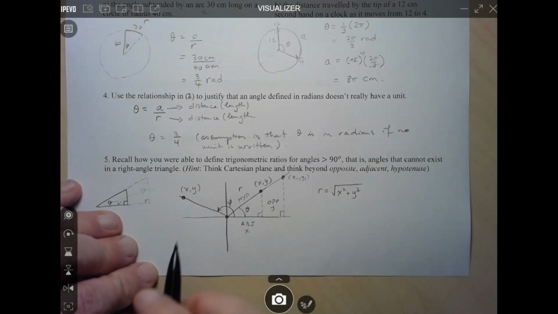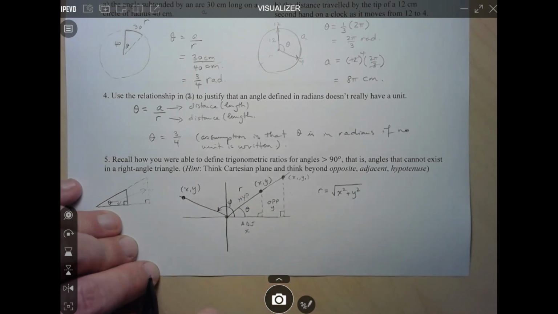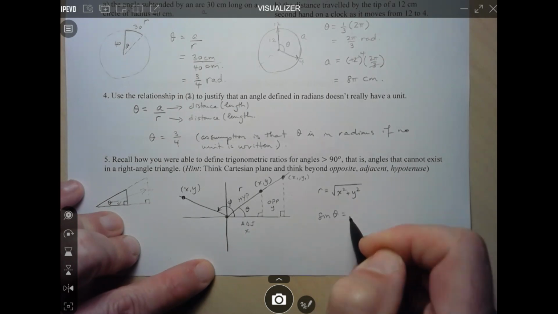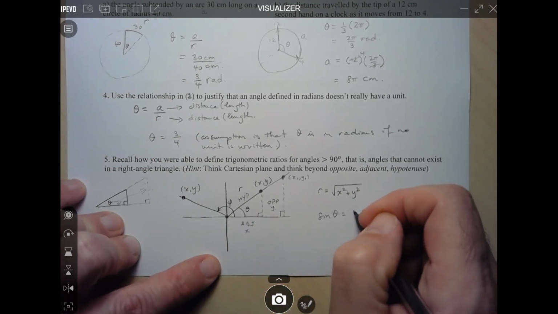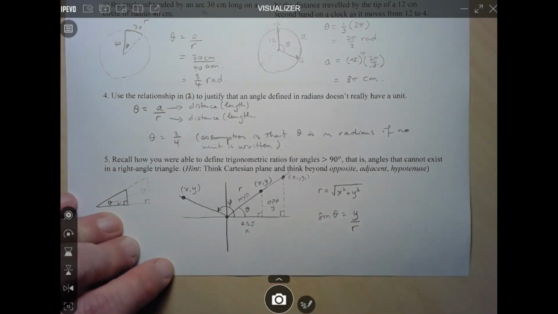Because again, this is just a point (x, y). So instead of defining my sine as opposite over hypotenuse, I define it as the y value divided by the r value.